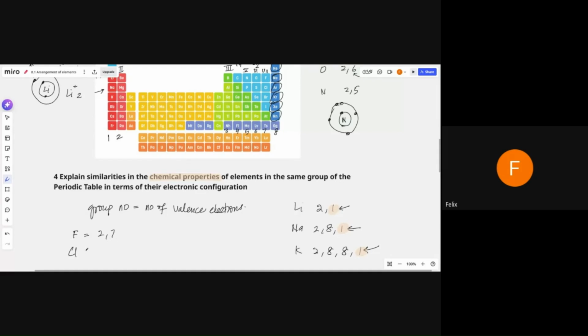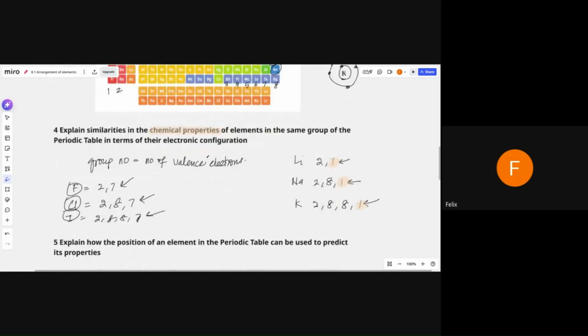Chlorine is 2, 8, 7, and iodine is 2, 8, 18, 18, 7. In the outer shell they all have 7 electrons, so these elements will also have almost the same chemical properties. That is the relationship between electron configuration and chemical properties.